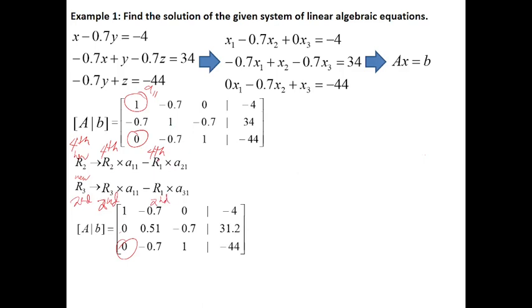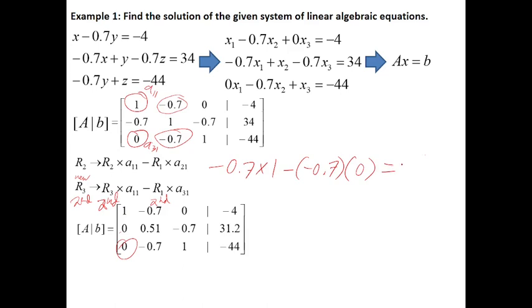Second, we have A31. So, R3 second element, negative 0.7 times A11 is 1, minus R1 second element, negative 0.7, multiplied by A31, 0.